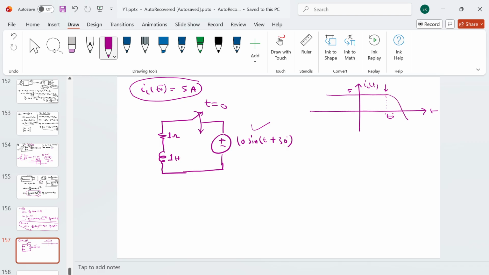From here only it will start taking the nature of a sinusoid. It will not draw any kind of decaying exponential or transient current. If you see from this point of time, you can observe it is a purely sinusoidal wave.